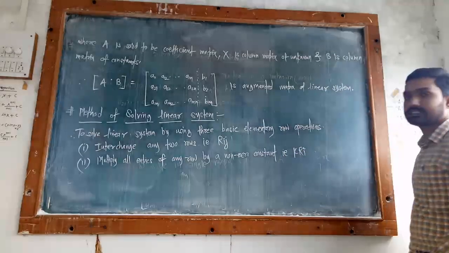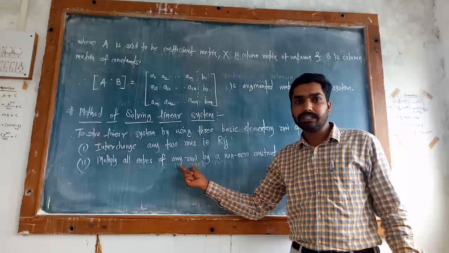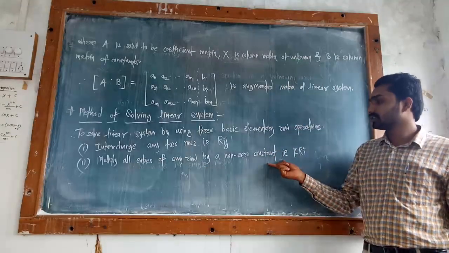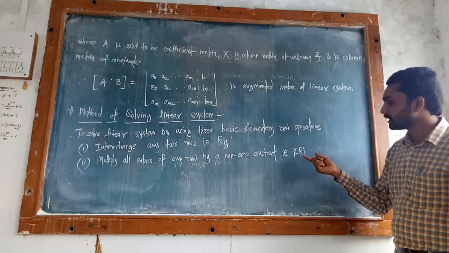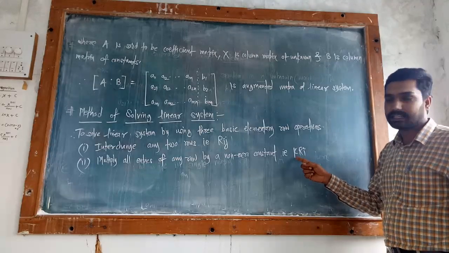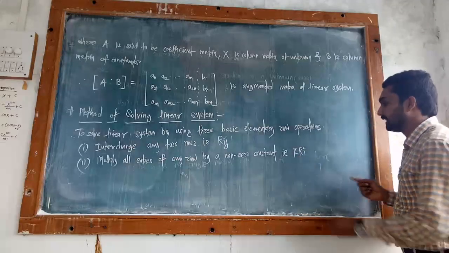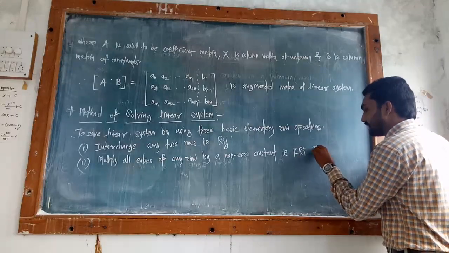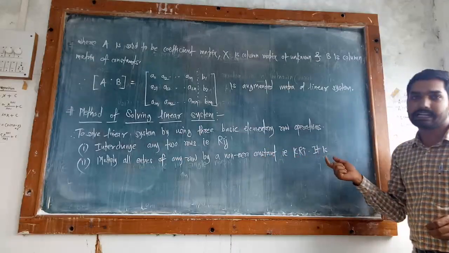What is the second row operation? We have to multiply all entries of any row by a non-zero constant, where k is your constant. We multiply row i by the non-zero constant k, so this row operation becomes k times Ri.